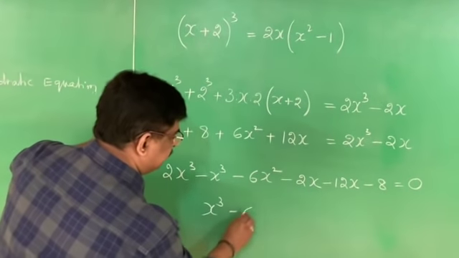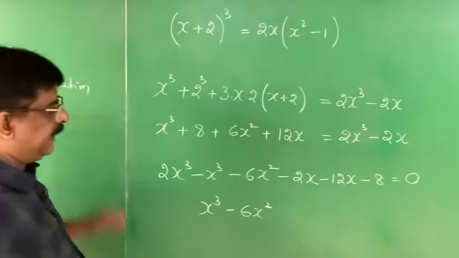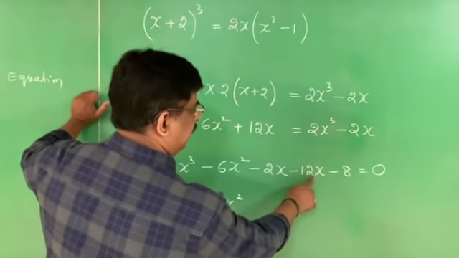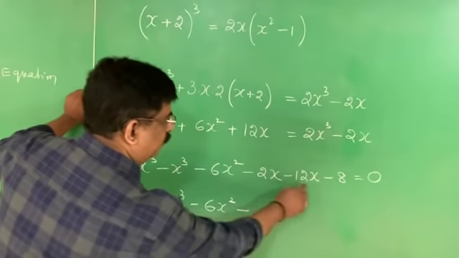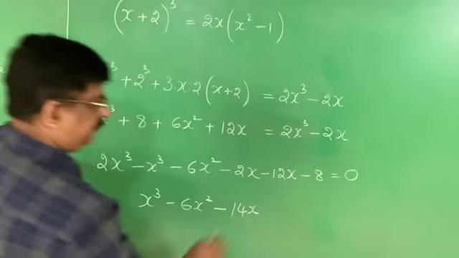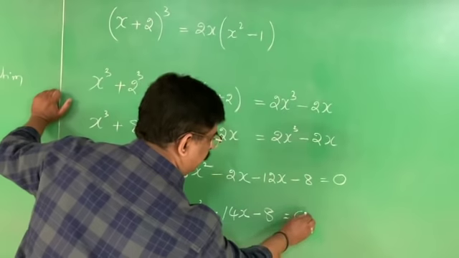Minus 6x square, because there is no like term of x square. Next is minus 2x minus 12x, which is minus 14x. Minus 8 is equal to 0.